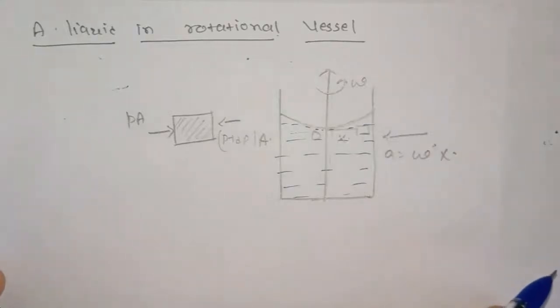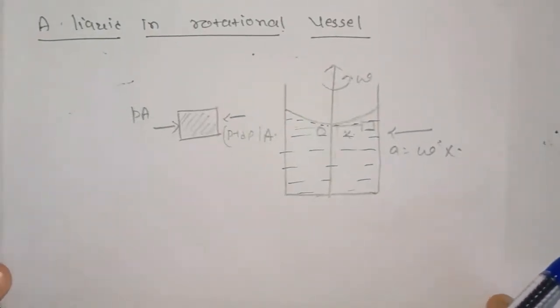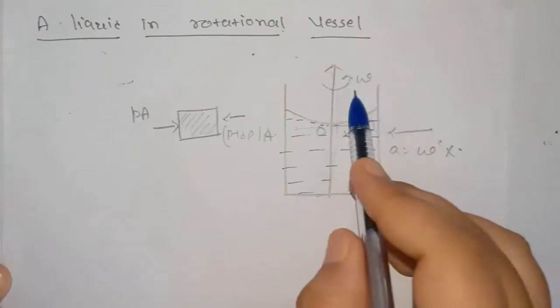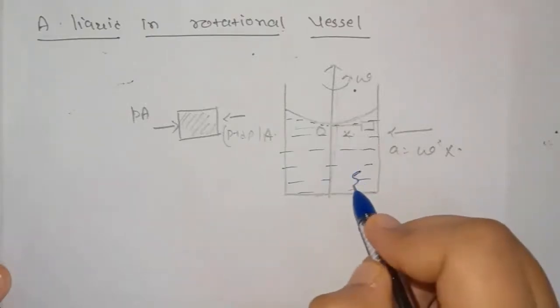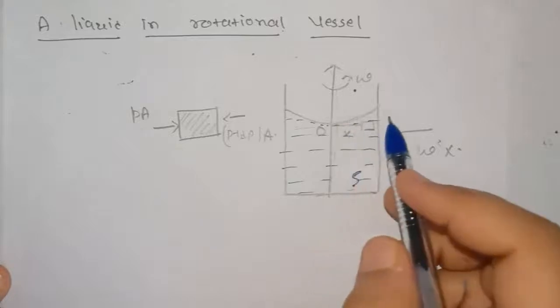So let us consider a cylindrical vessel rotating with constant angular velocity omega about its axis. A liquid of density rho is partly filled in the vessel. The vessel is not completely filled.